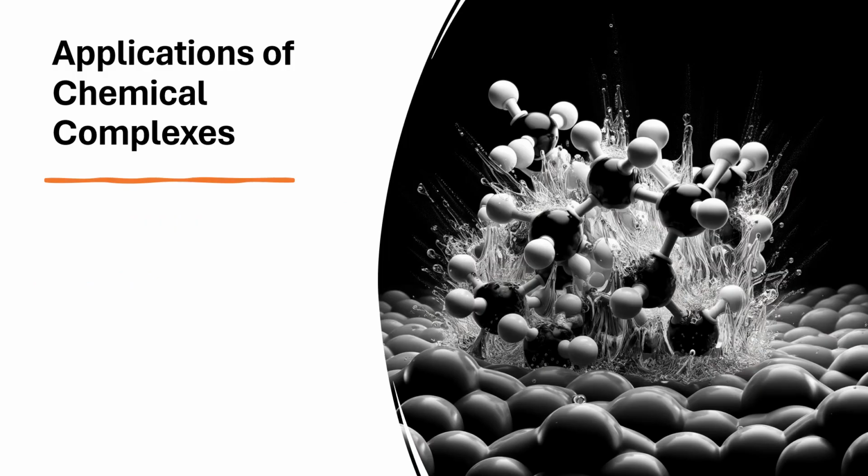Chemical complexes have vast applications, from the vibrant colors in ink and paints to the catalytic processes in industrial synthesis. They are also crucial in biological systems, such as the heme group. The heme in your hemoglobin is important for cellular respiration because it binds oxygen in our blood.